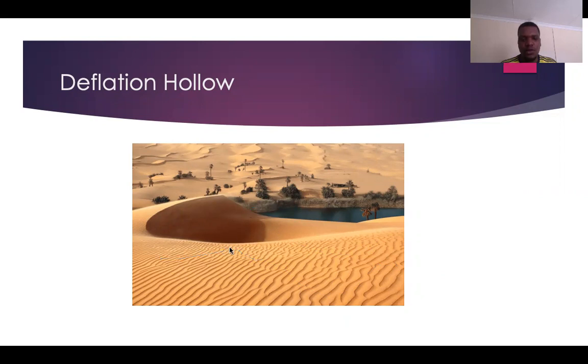You can see there is a hole that was formed here. It's not that one, that was maybe something like a river or some sort. But we have a depression there. So that's what we call a deflation hole. It occurs when the wind carries away the sand from here and deposits it outside, and it forms a hole right there.